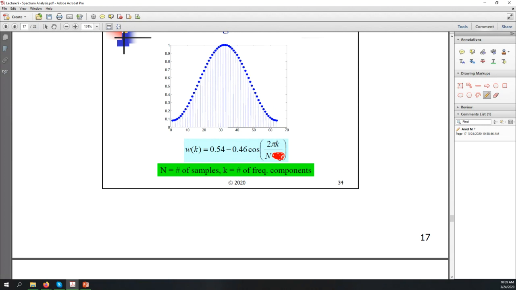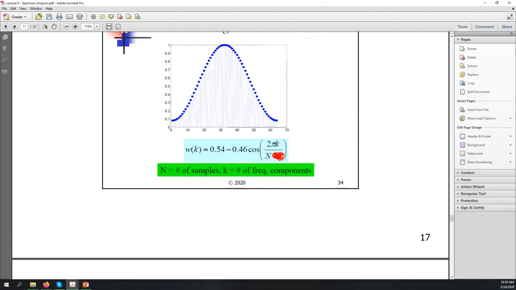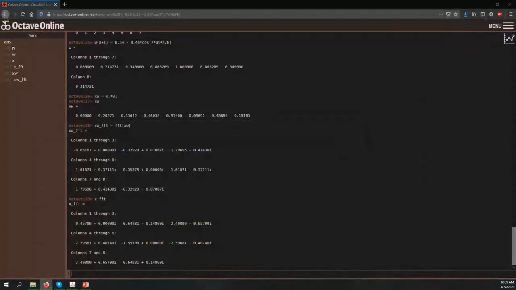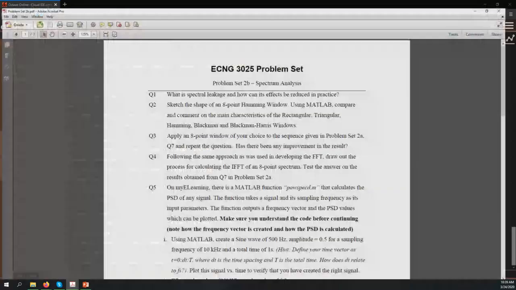It'll be 2 pi k here, where k goes from 0 to n minus 1. All right, so that should be it with regards to question 3.